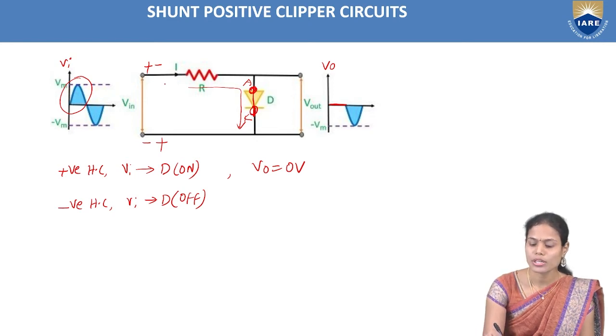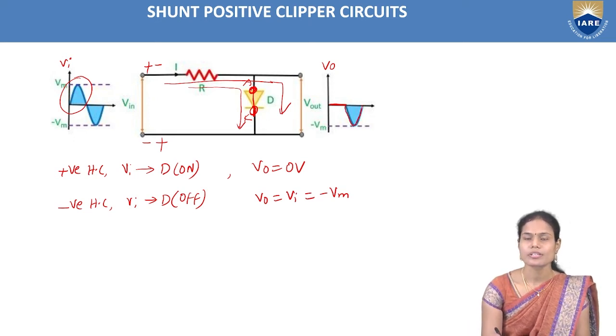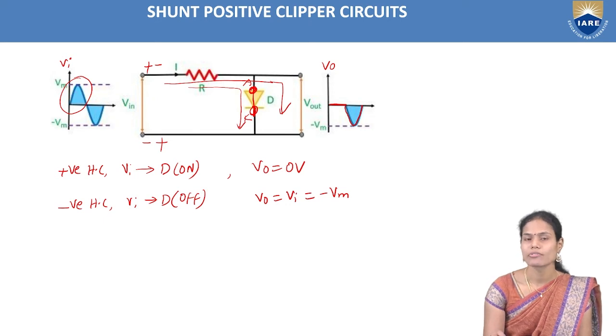So the total applied voltage will appear across the output. That is Vo equal to Vi, and my Vi here is minus Vm. So that's why during the negative half cycle, my output is minus Vm. So in the case of shunt positive clipper, it will remove the positive portion of the signal.